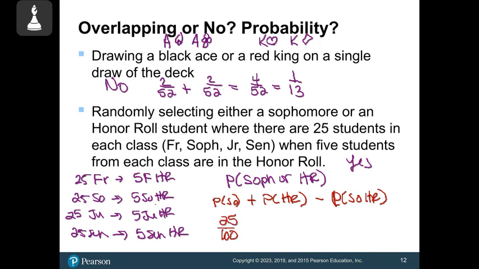Probability of selecting an honor roll student, we're still out of 100. There are 5 from each class. So 5, 10, 15, 20 honor roll students total. But we have to count out our 5 sophomore honor rolls. We've counted them twice. So I need to take away those 5 sophomore honor roll students. So if I take 25 plus 20 is 45, minus 5 is 40. Out of 100, that reduces to 2/5.